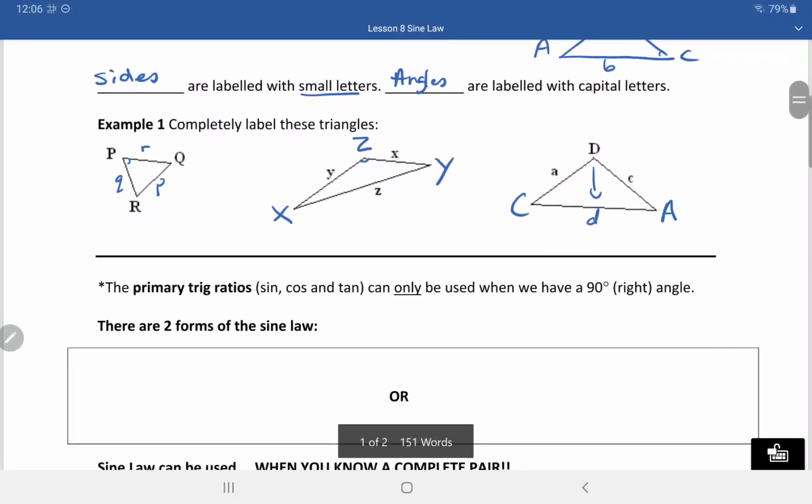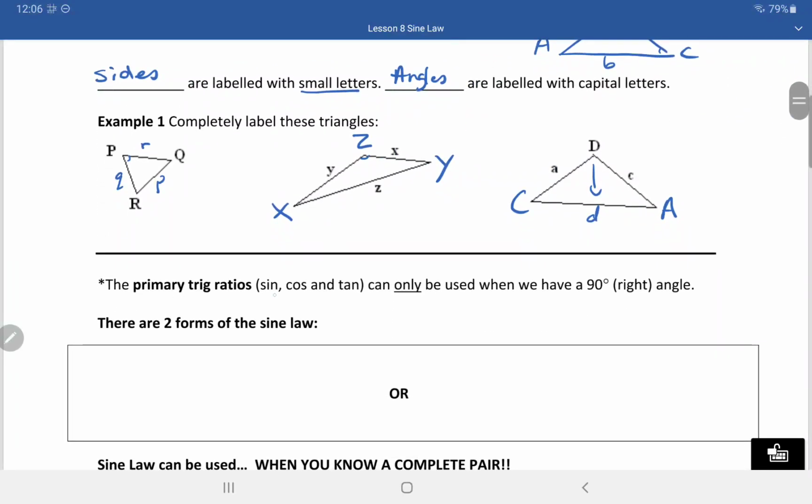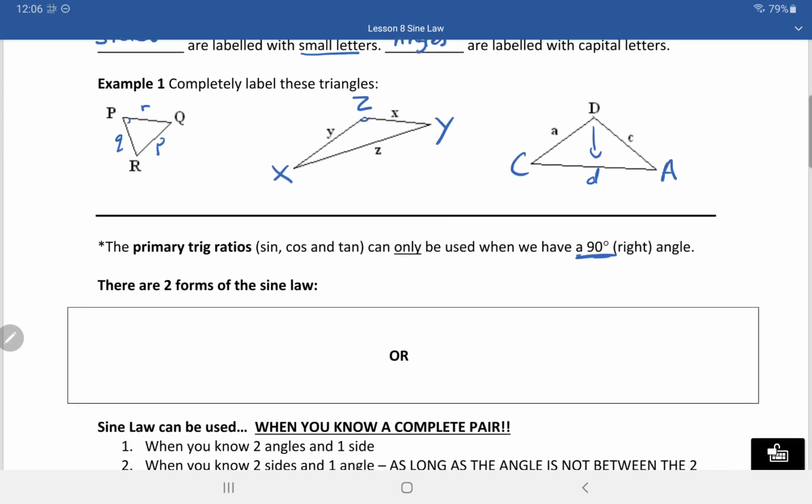Okay, like I said before, the primary trig ratios, SOHCAHTOA, can only be used if there's a 90-degree angle. So in these questions today, there are no 90-degree angles. And we have a new formula, and it's called the sine law. That's a lowercase c.